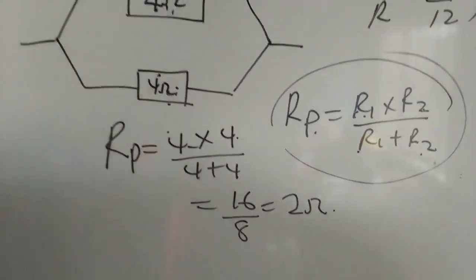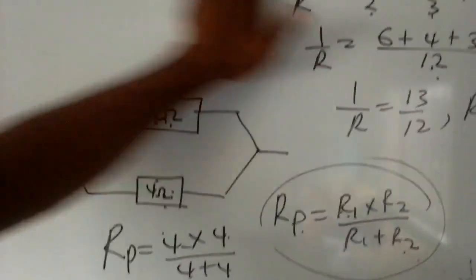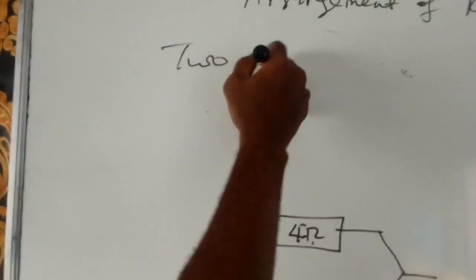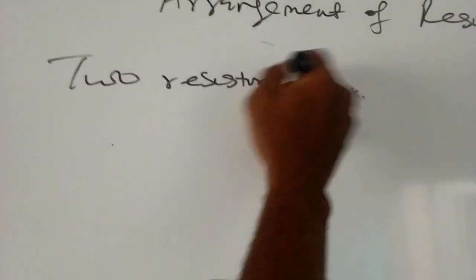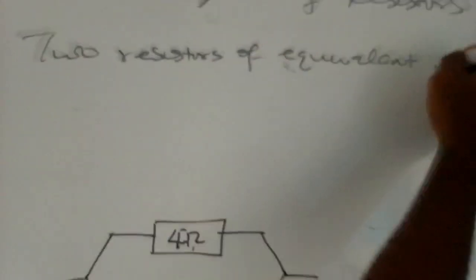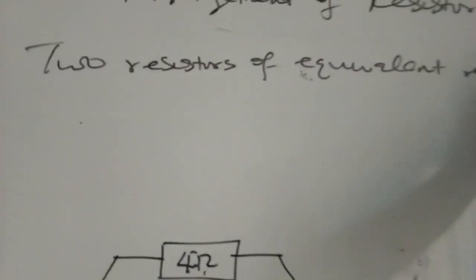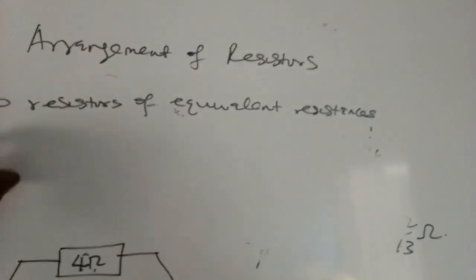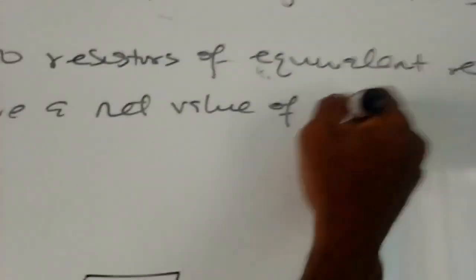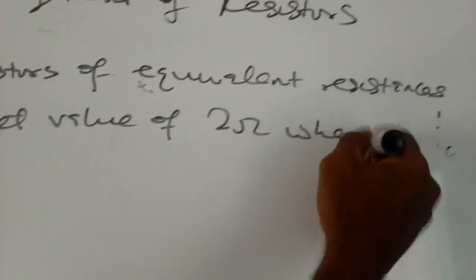So let's take another problem on resistors in parallel. Two resistors of equal resistances give a net value of 2 ohms when combined.